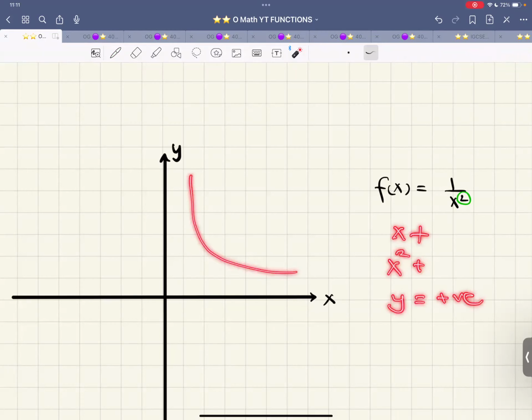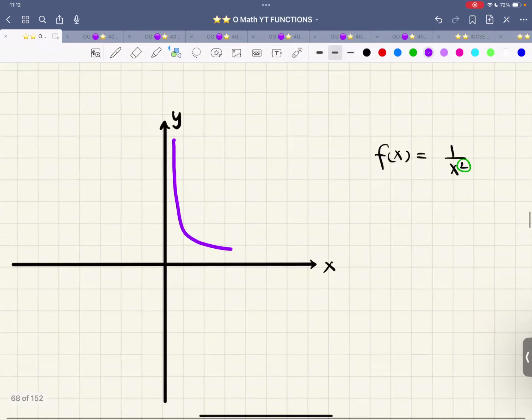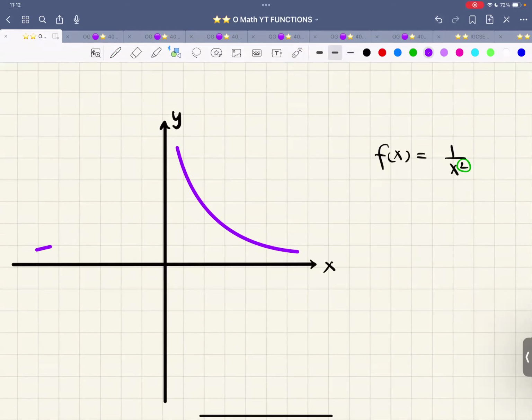So that is still over here. But when x is negative, x squared becomes positive because of the squaring, and y is positive. So it's in this quadrant and in this quadrant. So therefore, let me draw over here. This goes like this, and that's how the graph is drawn.